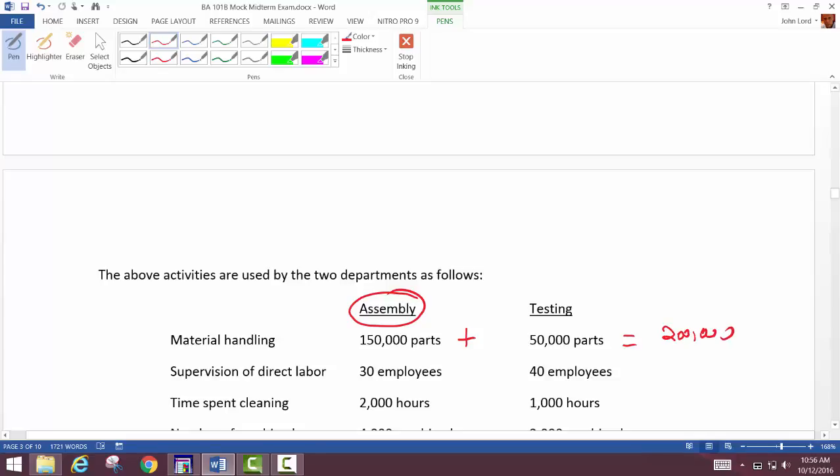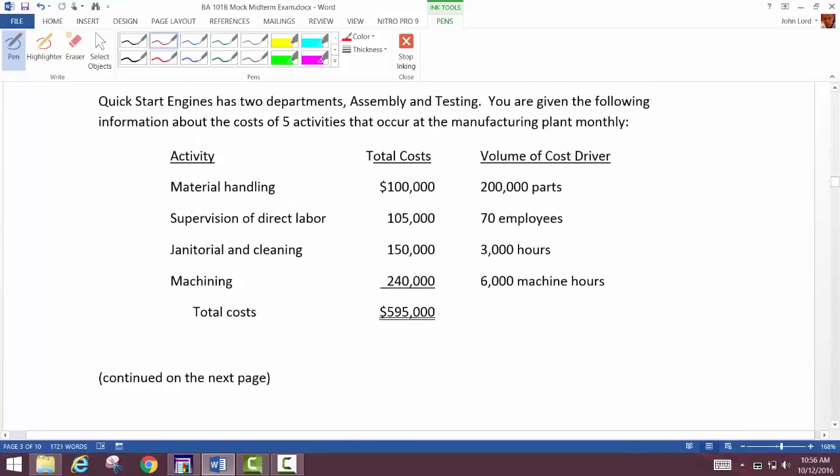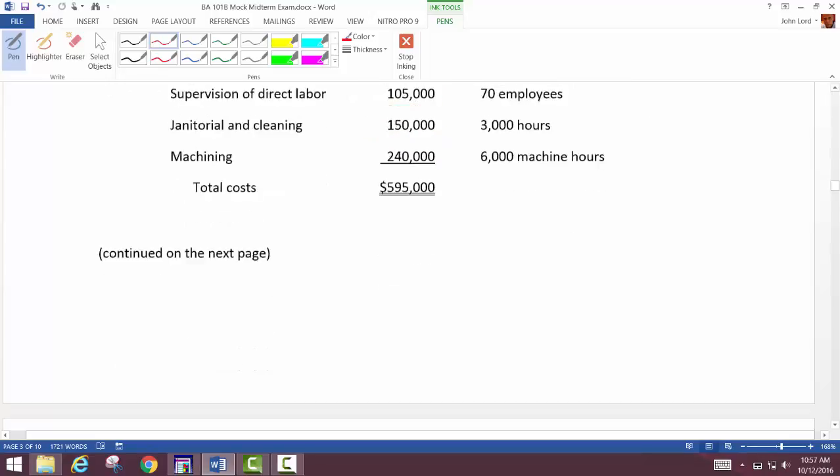Okay, and materials handling took up what? 150,000 of that? So how much was the cost for materials handling? 100,000 was the cost for materials handling, right? And yes, that is 75%.